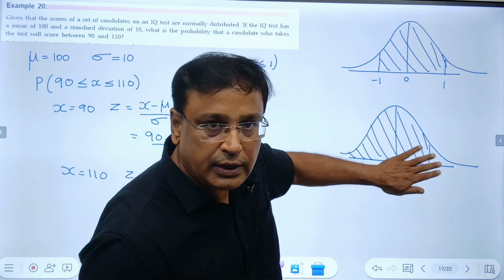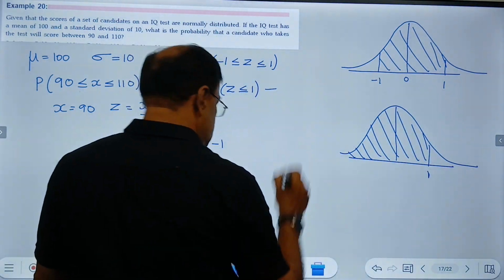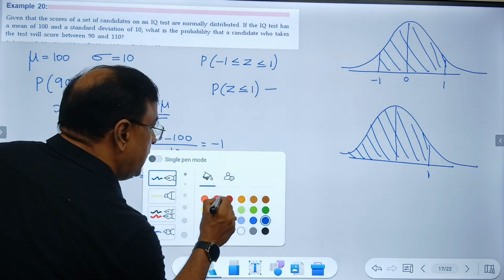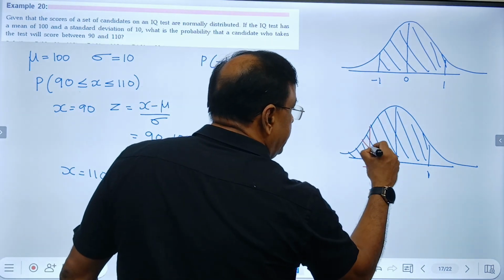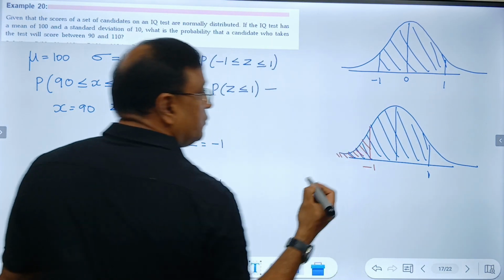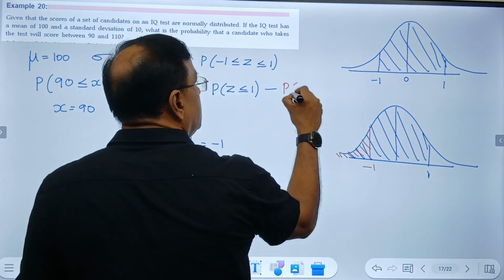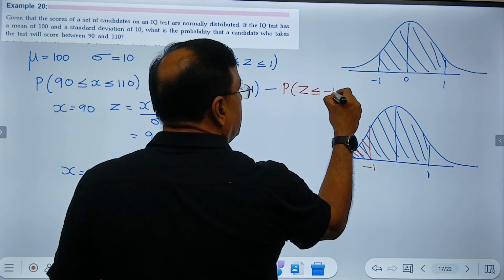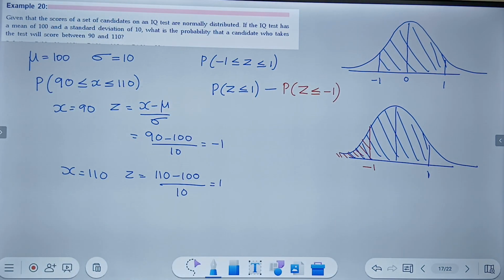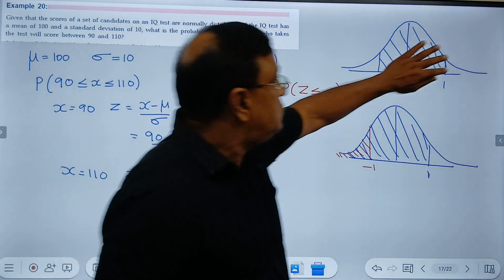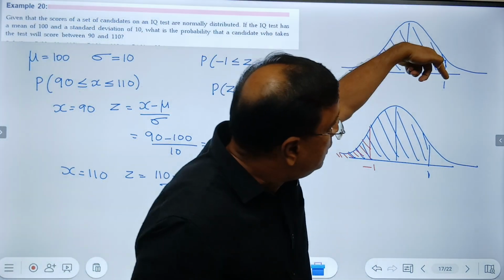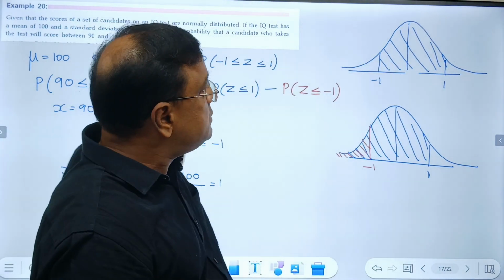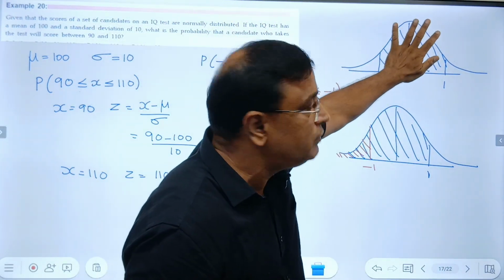That gives you this full area. Minus, I will subtract this area. So what is that? P of Z less than or equal to minus 1. Understood? So this full area, from minus infinity to 1, minus infinity to minus 1, that will give you this region.